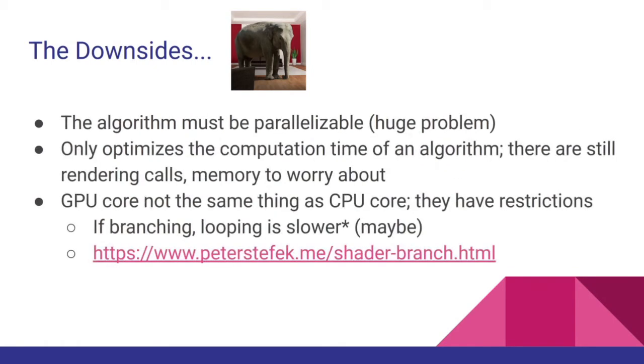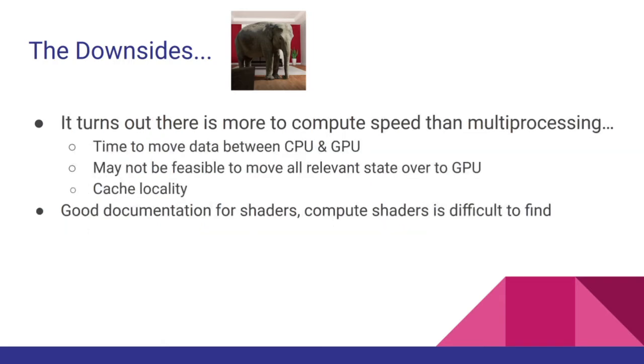But you shouldn't need that many loops, because we're factoring the loops out and doing it in a shader, as you'll see later. But yeah, there's more to compute speed than multiprocessing. There's time for data to travel on the buses between your different hardware components in your PC. So every time you send data to be processed on your compute shader, it has a travel time.